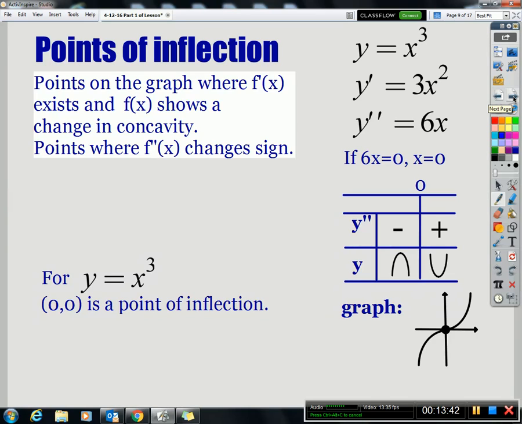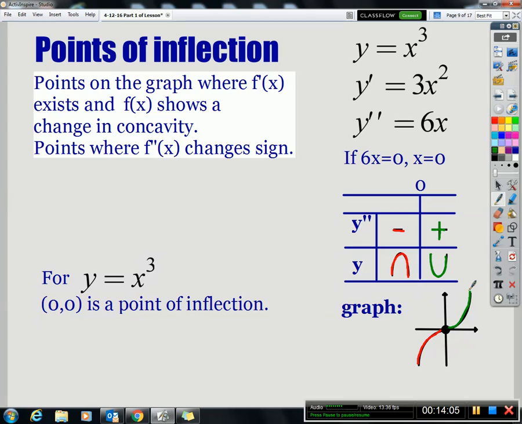So let's talk a little bit more about points of inflection. I've talked a lot around them, but we've not actually done a lot with them. So we did this problem earlier, and remember I color-coded and said when the second derivative is negative, concave down, and when the second derivative is positive, you get concave up, and we see that.